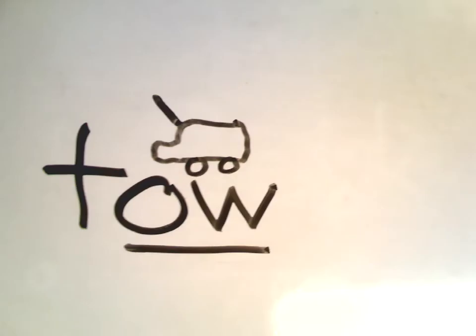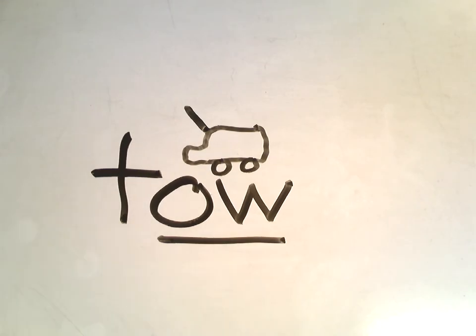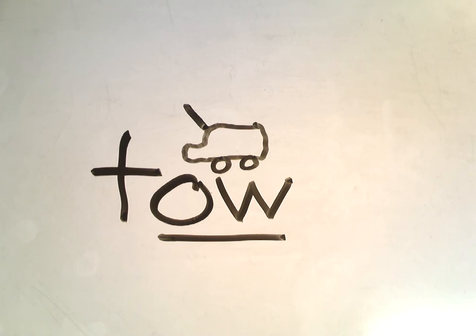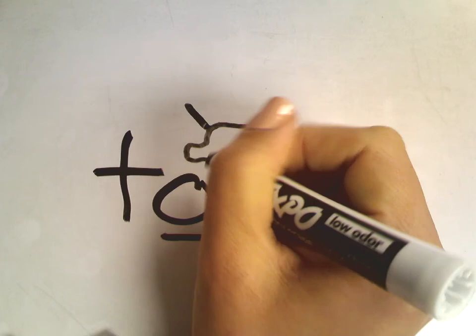All right, so make sure yours looks like that. I tried to draw a picture of a car being towed, so you can try and do something similar. Remember again, it's just to help you remember what this kind of toe is, the one with, oh my goodness, with ow, O.